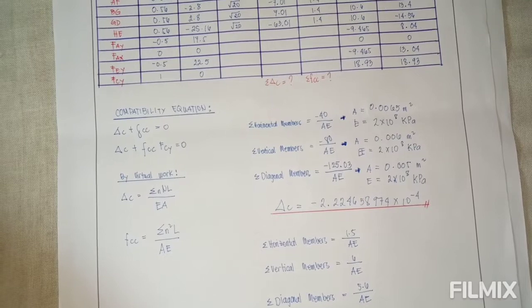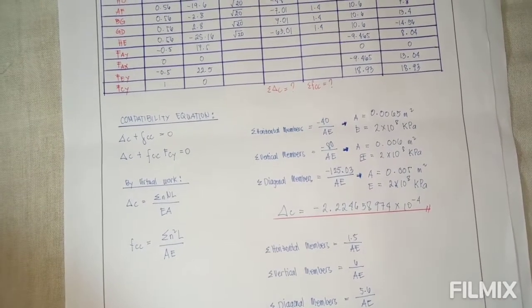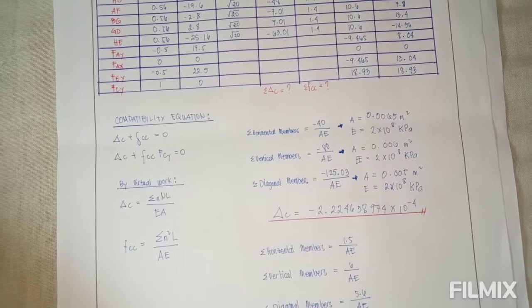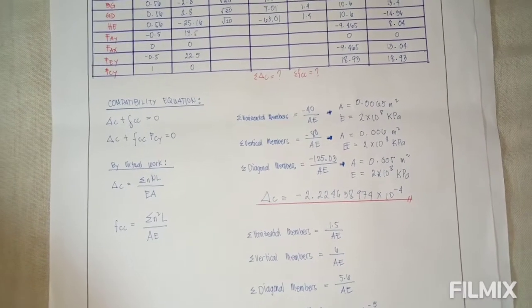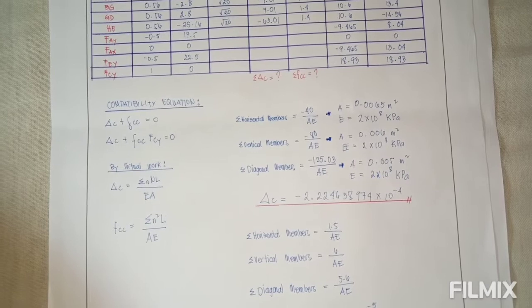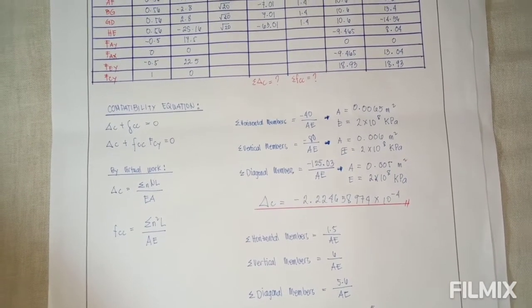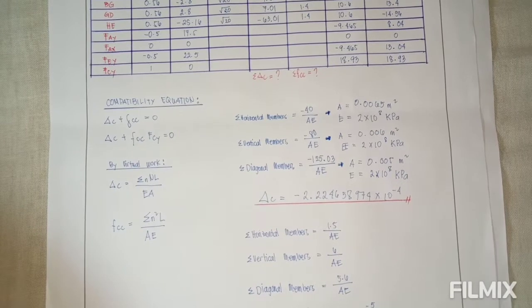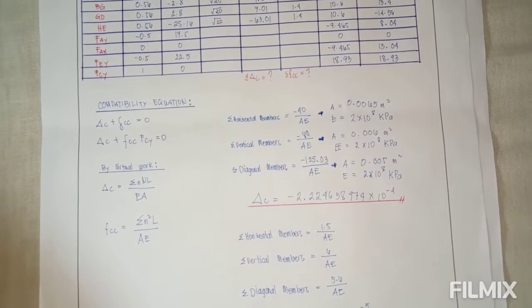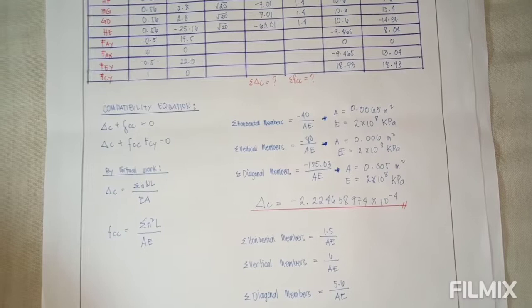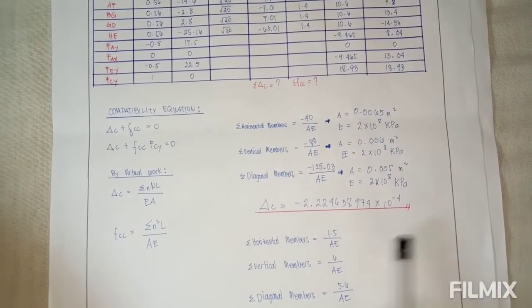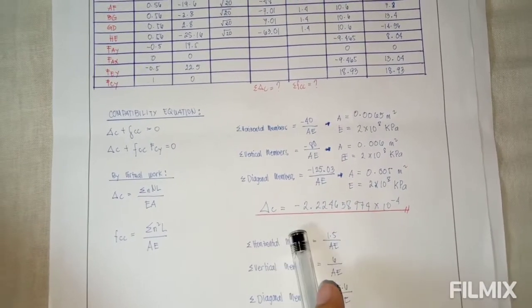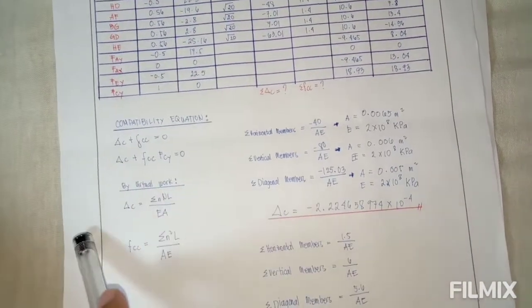For the summation of vertical members, negative 80 over AE with a cross-sectional area of 0.006 m squared. And for the diagonal members, negative 125.03 with a cross-sectional area of 0.005 m squared. After that, we obtain the value of delta C by the virtual work method formula.